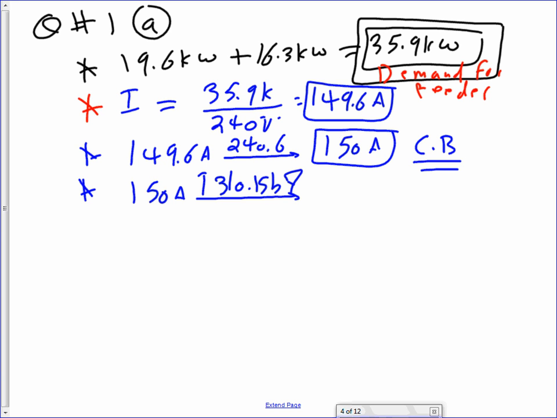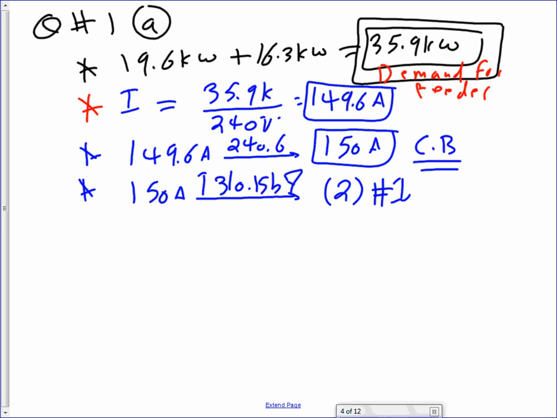That will give me 2 conductors, number 1 THHN.